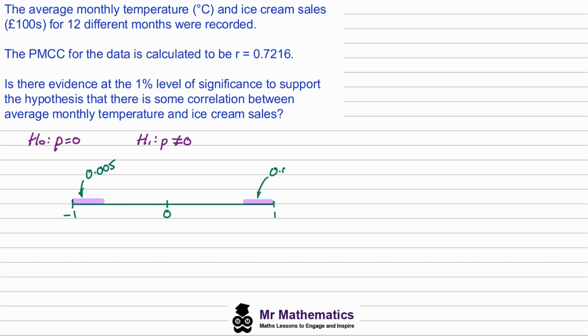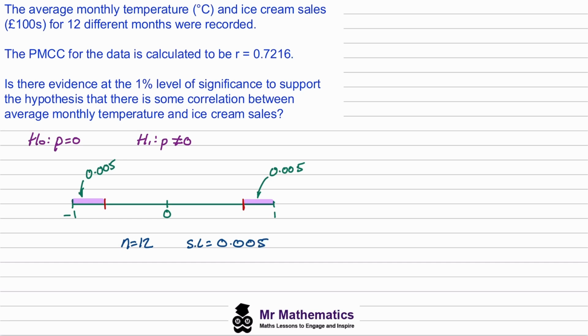Okay? We need to share the significance level equally between the two tails. And we need to identify the critical values. We have a sample size of 12 and the significance level of 0.005.